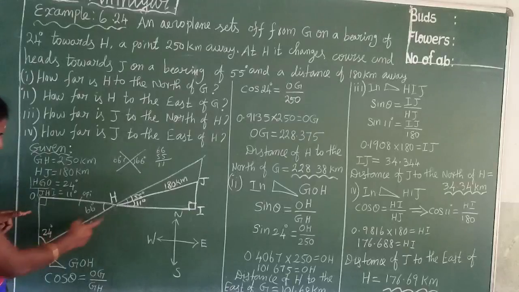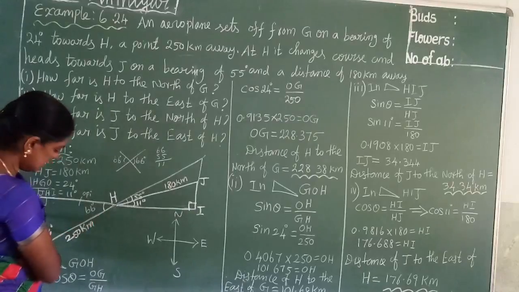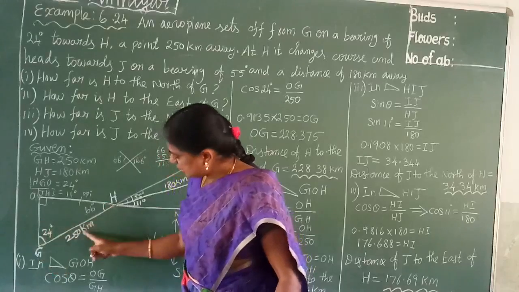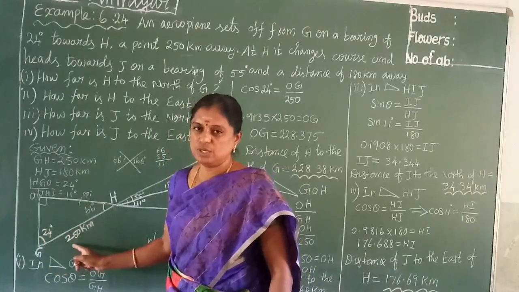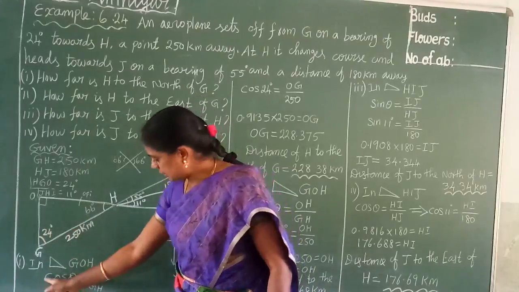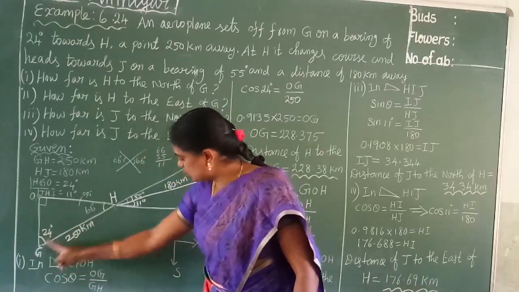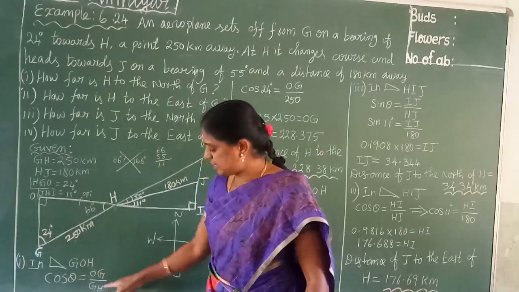OG is adjacent, GH is hypotenuse. Adjacent and hypotenuse means which trigonometric ratio? Cos theta. So cos theta is equal to adjacent over hypotenuse, OG by GH. Clear?